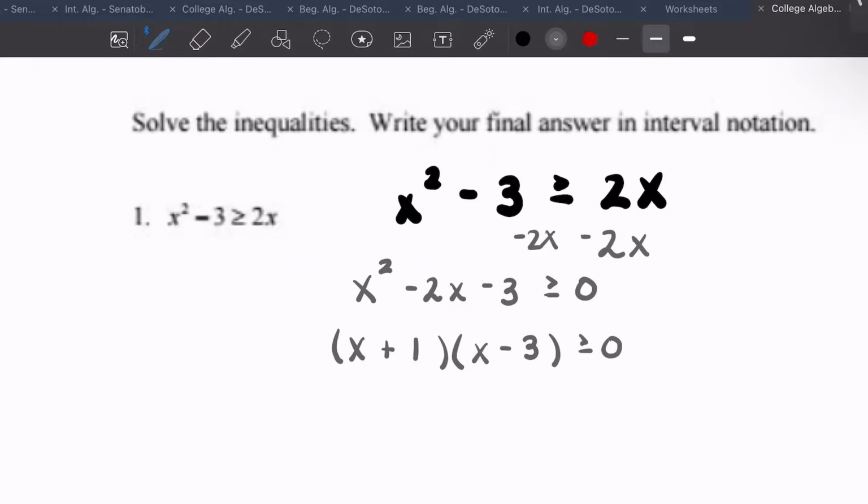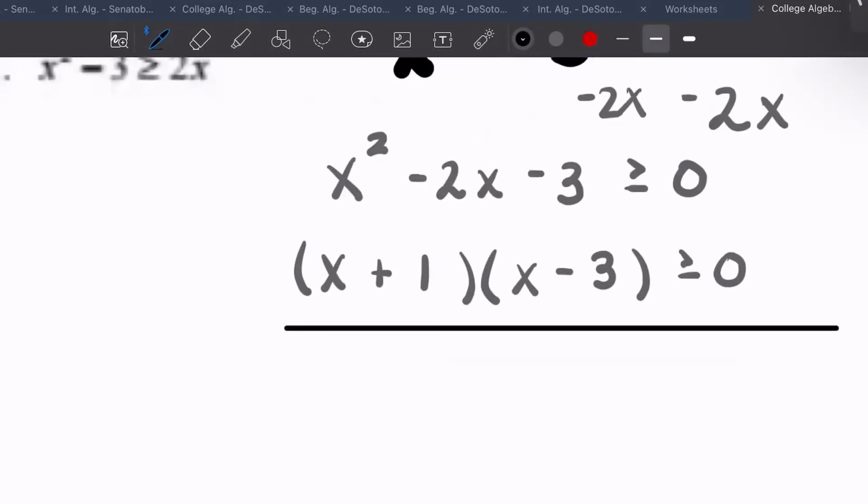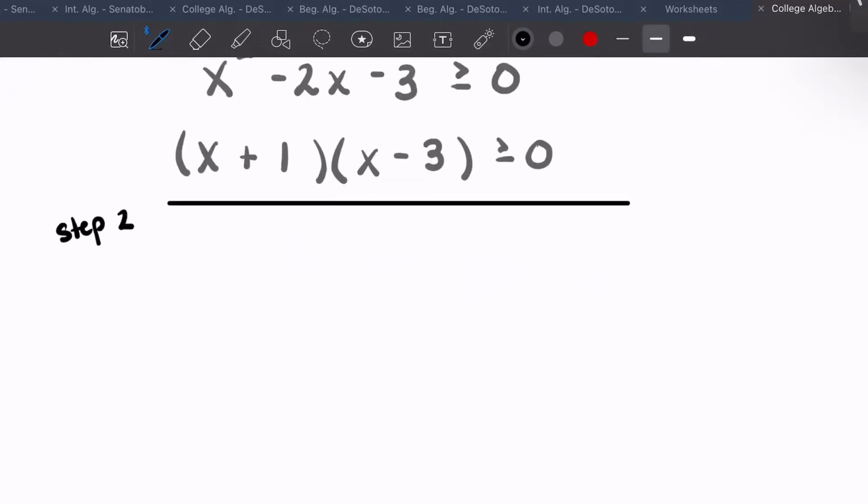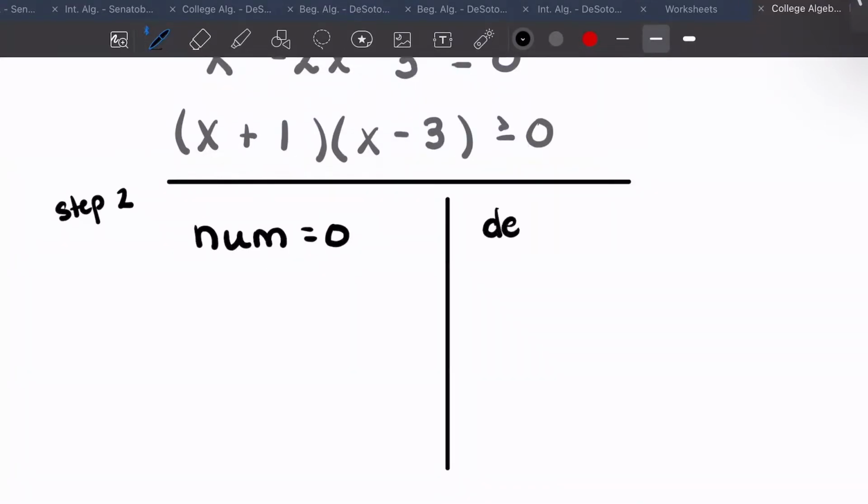Step 2 is finding the zeros of the numerator and the denominator. I'll draw a line. You're going to set your numerator equal to 0 and your denominator equal to 0. For this one, we don't have a denominator.